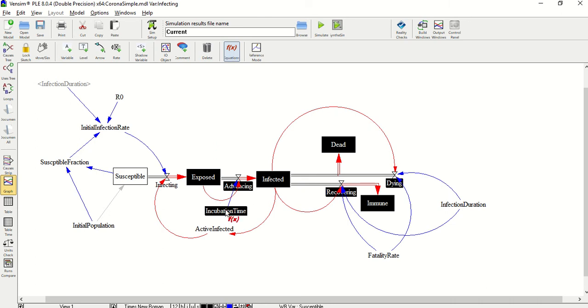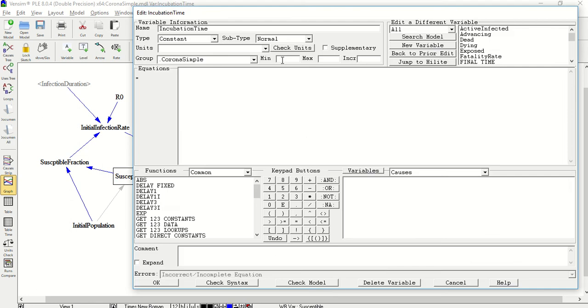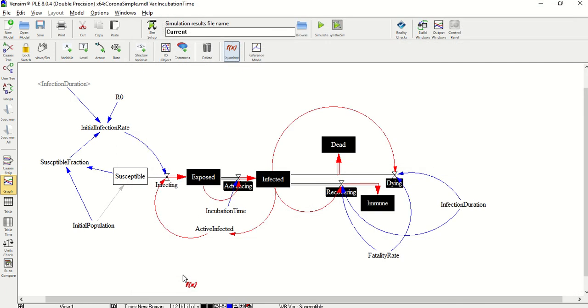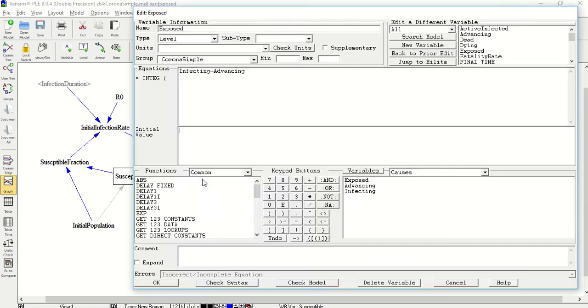I did not get to incubation time. I shouldn't have hit it down here. But the incubation time, we're going to start with 7. Min 1, max 21. And okay. And then initial value of exposed is 0.